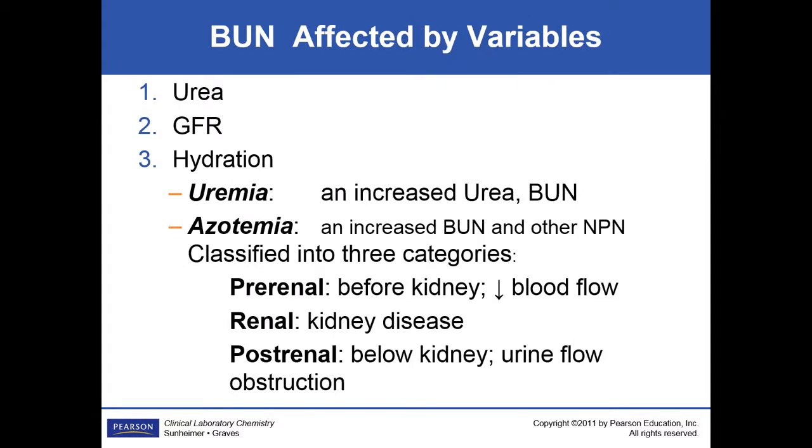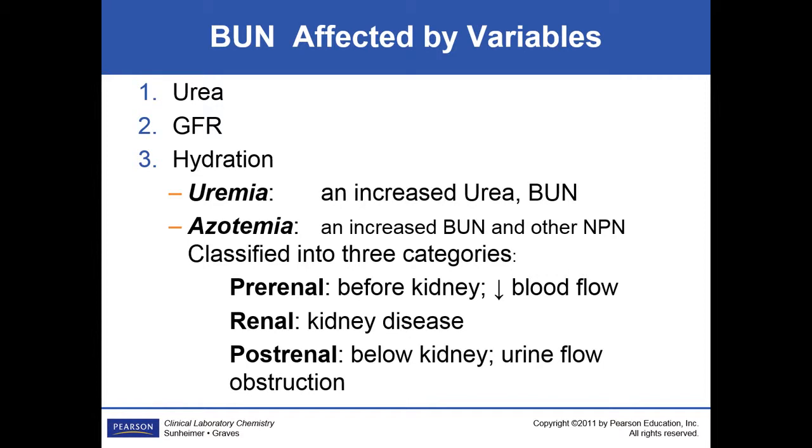BUN is affected by different variables, obviously the amount of urea and the filtration rate and hydration, as we just indicated. Terms you need to know are uremia, indicating an increase in BUN. Azotemia means there's others also, and it's classified into 3 categories.